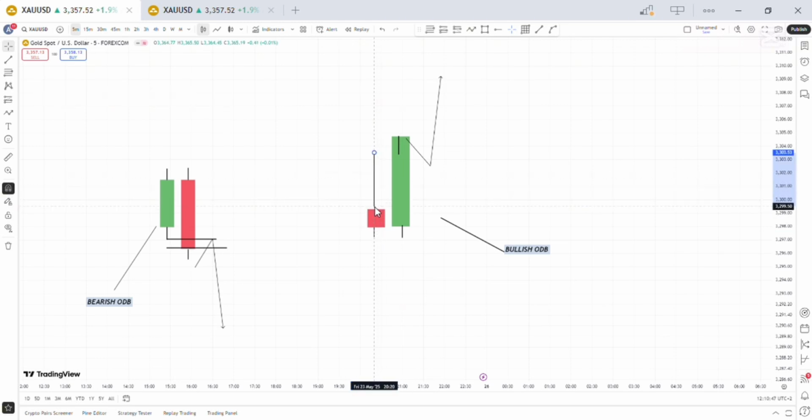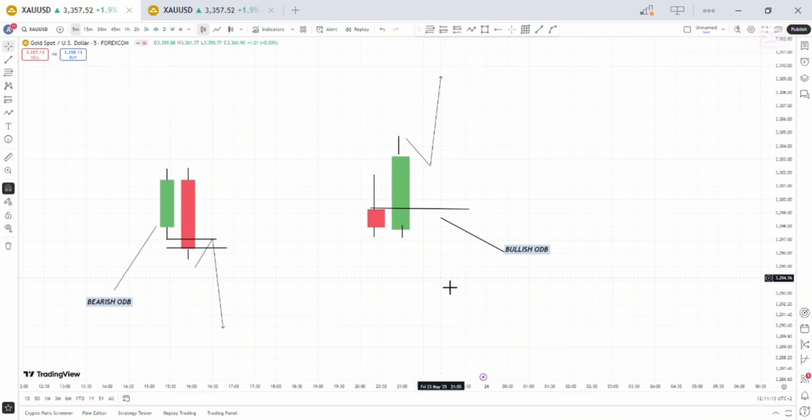Remember, it's still valid as an order block. So if you get something like this, where the wick is longer than the body, where do we pick our entry? We pick our entry from the body. This body here. That is where we pick our entry from.